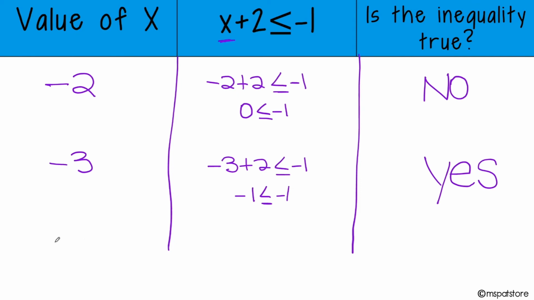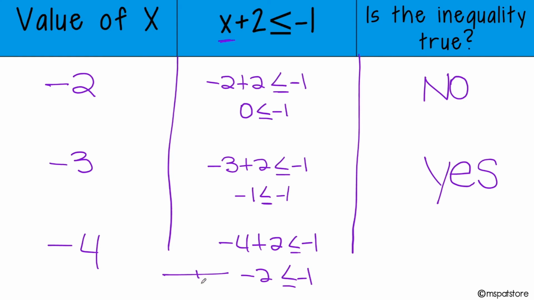How about -4? Let's substitute the variable for -4. -4 plus 2 is less than or equal to -1. -4 plus 2 is actually -2. There you go. So -2 is less than or equal to -1. Is this true? Let's see.